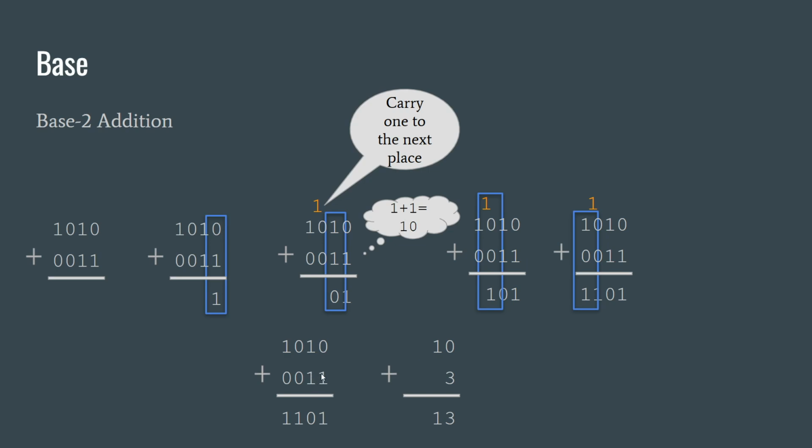This is the 2 digit, this is the 1, so 2 plus 1 is 3. And this is the 8, the 4, and the 1 digit, so 8 plus 4 is 12, plus 1 is 13. So, yeah, it all works. Doesn't matter what base you're adding in, same rules apply.